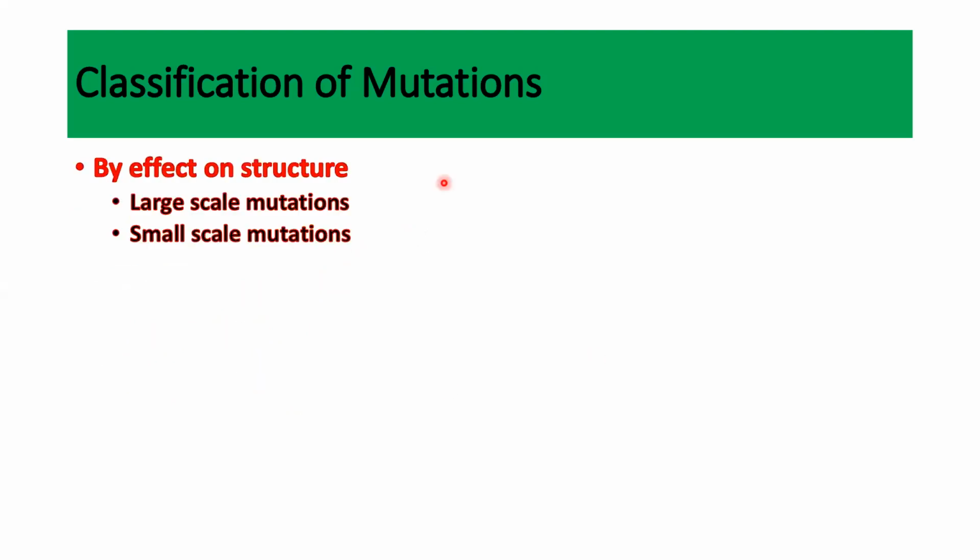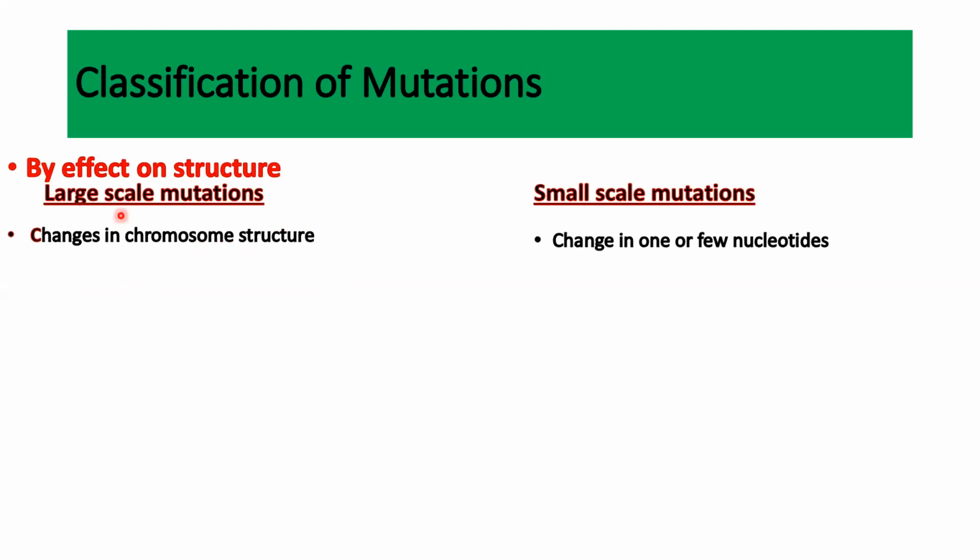If we focus on classification of mutations based on their effect on the structure of DNA or genes or chromosomes, there are two basic types. One of them is called large scale mutations and the other one is called small scale mutations. Large scale mutations are changes in chromosome structure.